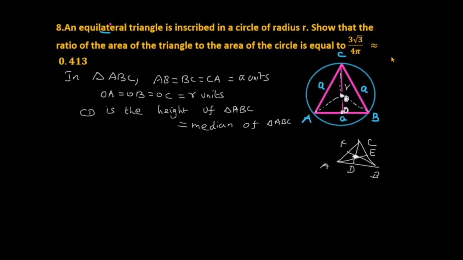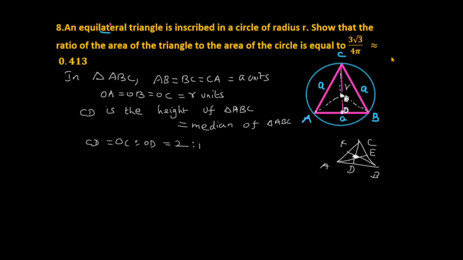Now here the circle's center is the centroid of the equilateral triangle. So the ratio of the centroid is 2:1. CD is divided by the centroid point O, that is OC is to OD, nothing but 2:1, because O is the meeting point of all the three medians, nothing but the centroid.